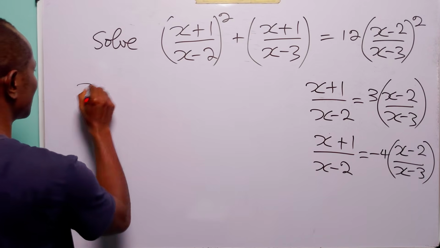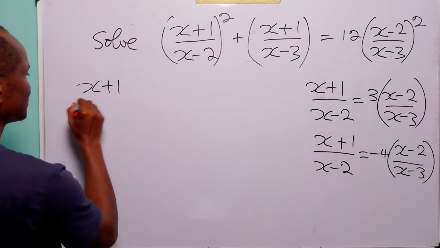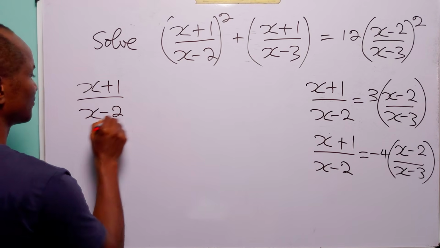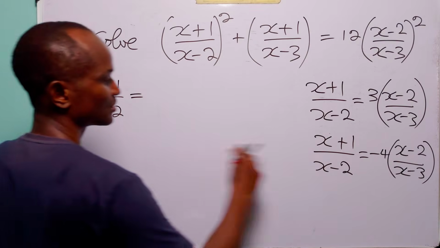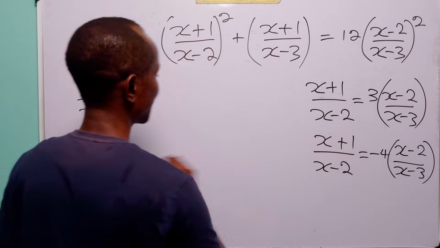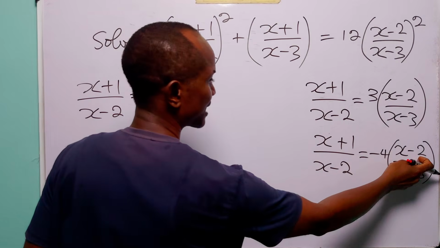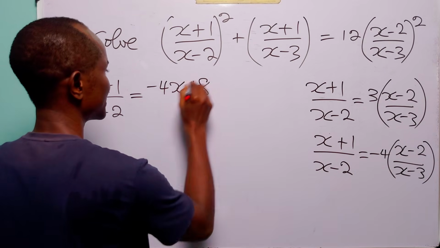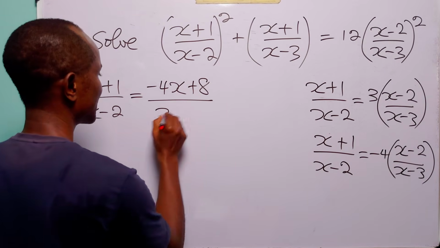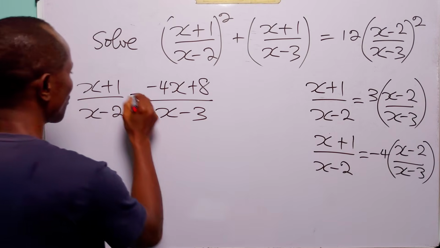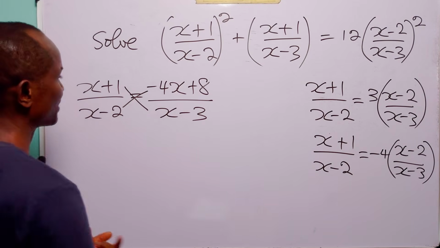We have x plus 1 over x minus 2 is equal to minus 4 times x is minus 4x. Minus 4 times minus 2 is plus 8 divided by x minus 3. Once more, we cross multiply.